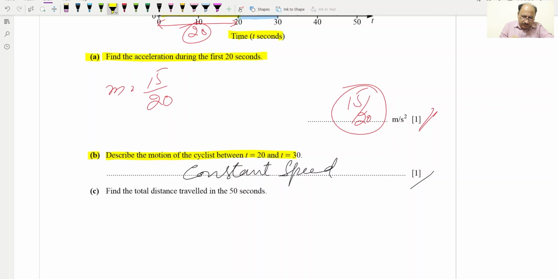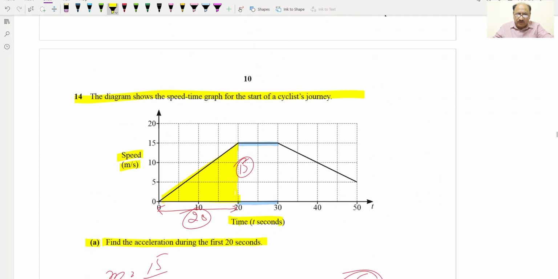Then C part, find the total distance traveled in the 50 seconds. So total distance covered will be the total area under the graph. First of all, we will find the area of this triangle, and the area of a triangle will be half into base into height. Base is 20 and height is 15.